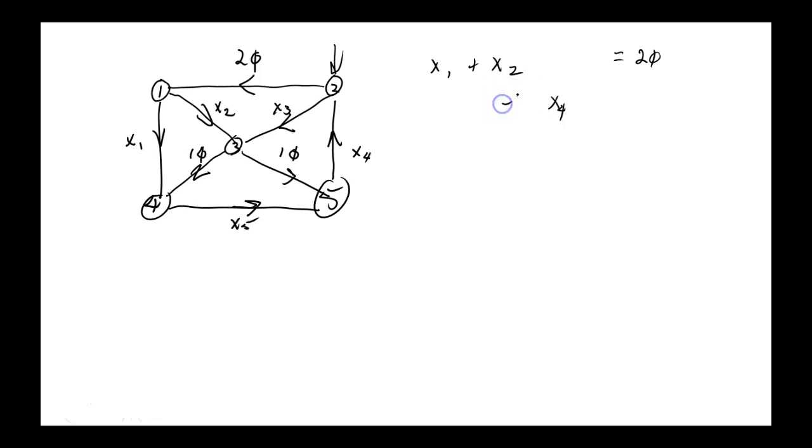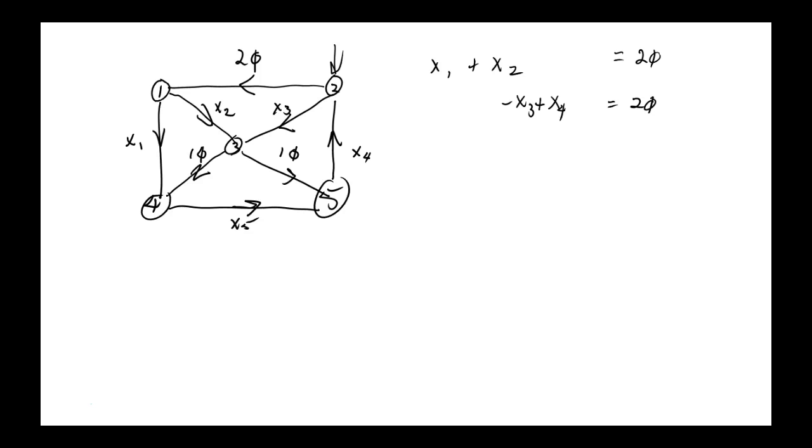And minus x3 plus x4 equals 20, right? Because what's going in is what's going out. So x3 and 20 are going in the same direction, and you notice they're on opposite sides of the equal sign. In other words, x4 is equal to 20 plus x3, right? You've just written them on the other side.